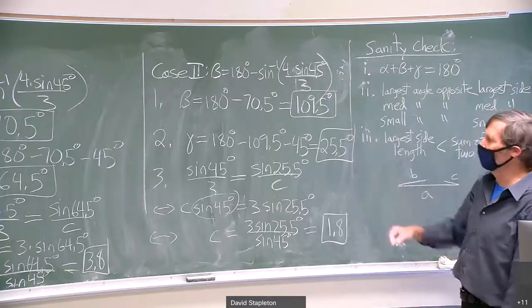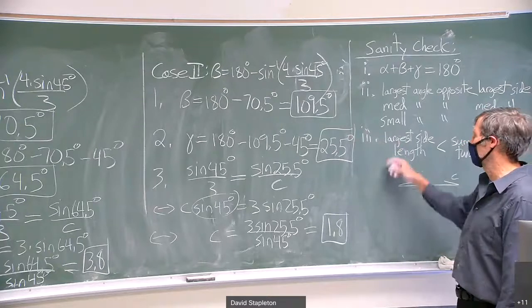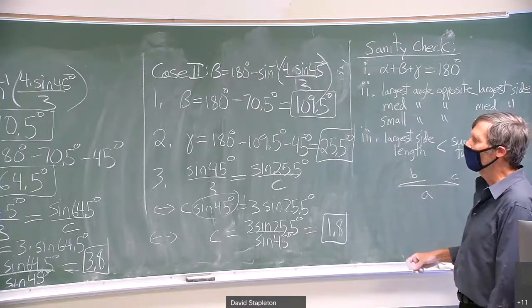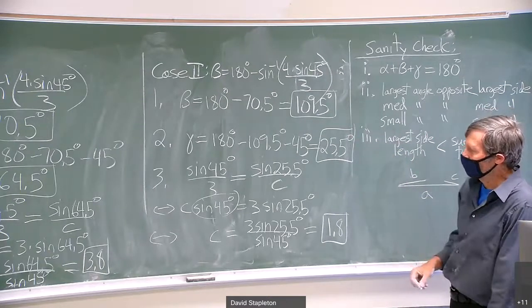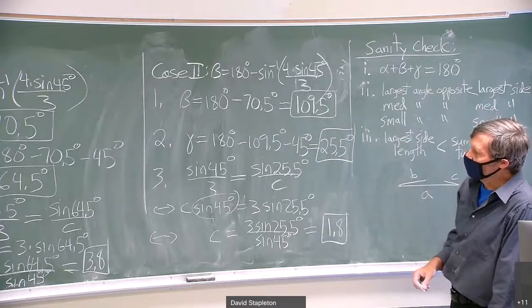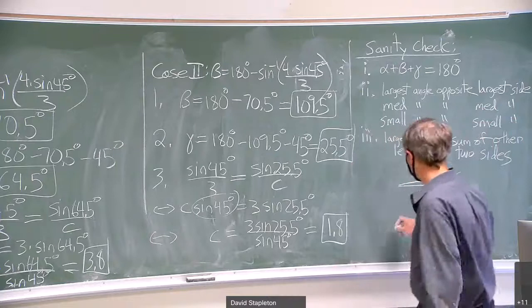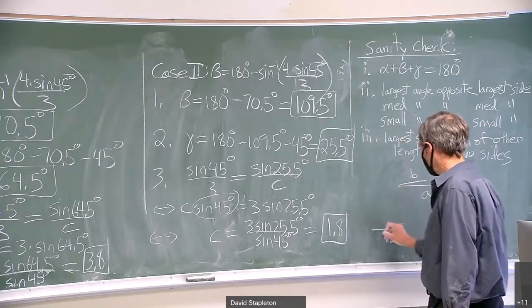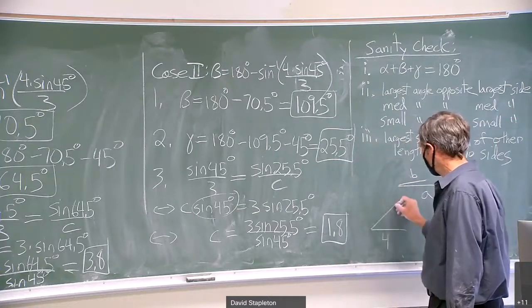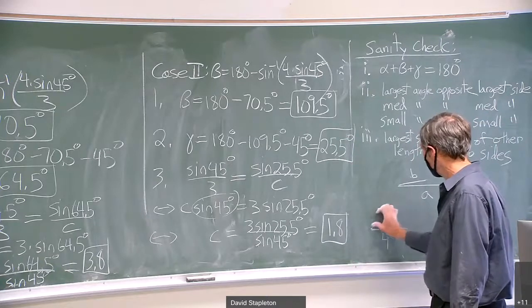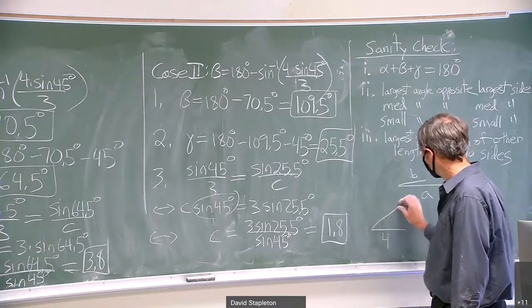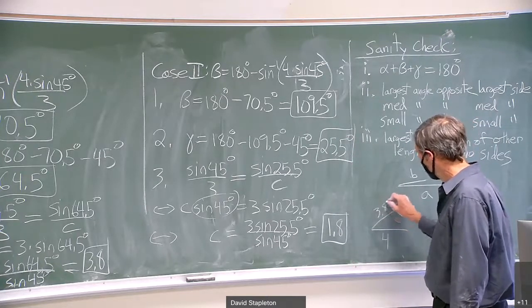But let's try and draw these here. That's another possibility. You can kind of check these as you draw. I've got sides, let's say, of 3.8, 4, and 3. So 4, just about 4, 3.8, and 3.